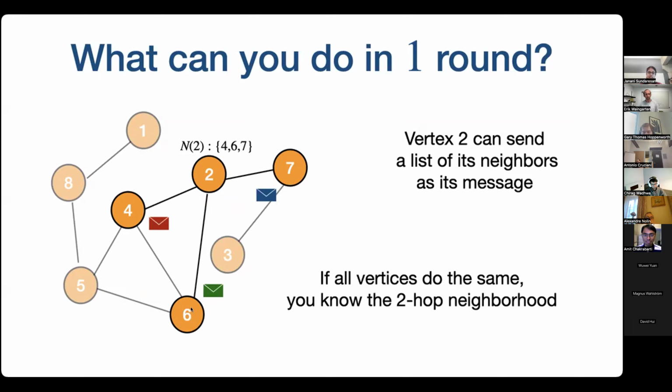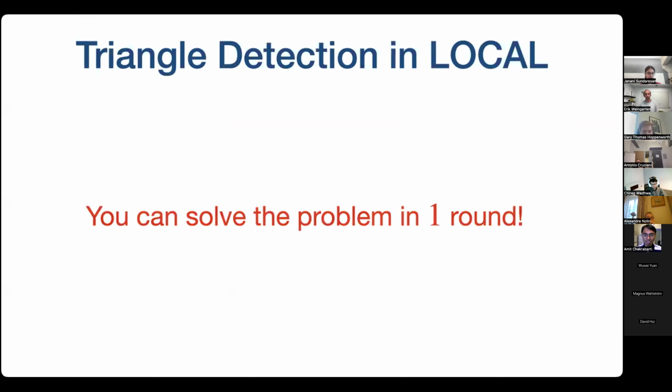So vertex 6 will know its entire two-hop neighborhood. But we said we're trying to solve triangle detection, which means if you know the two-hop neighborhood, you're actually solving this problem completely. It is simple enough. There is nothing hard about this. You can solve this in one round.